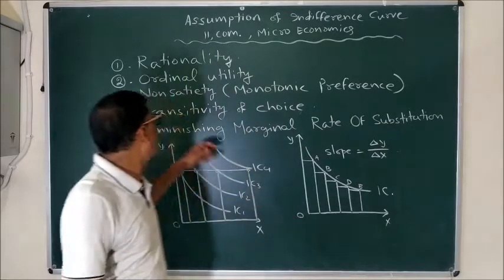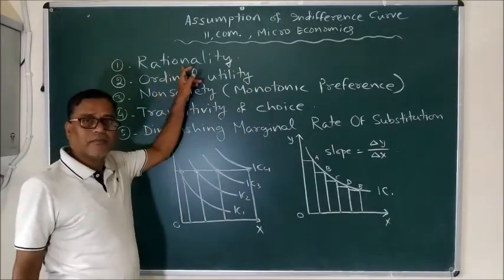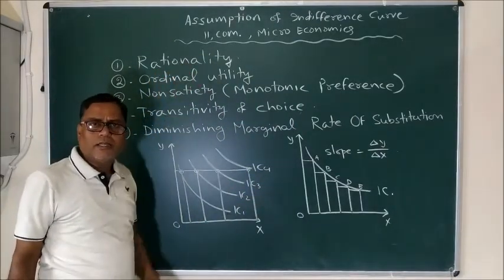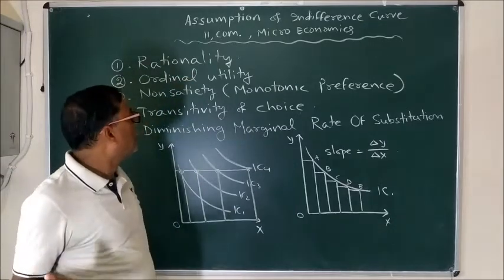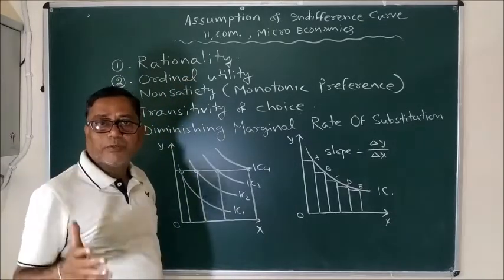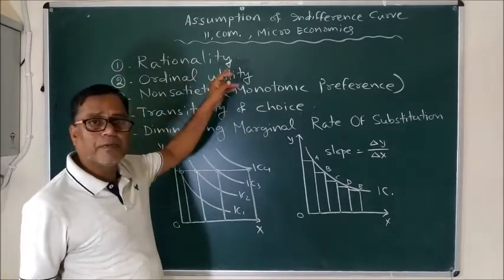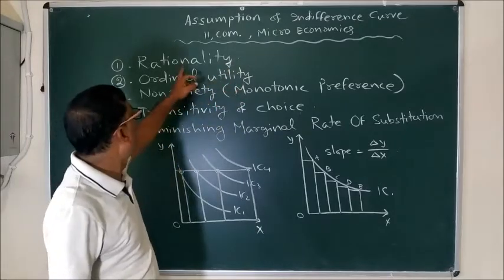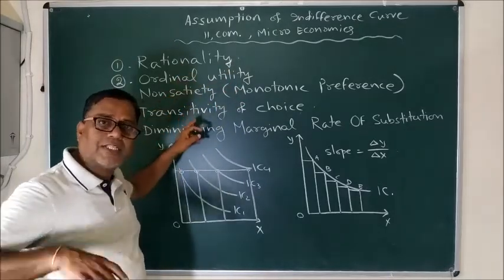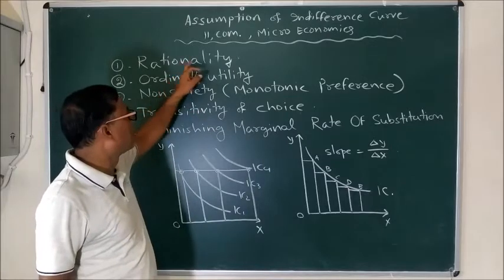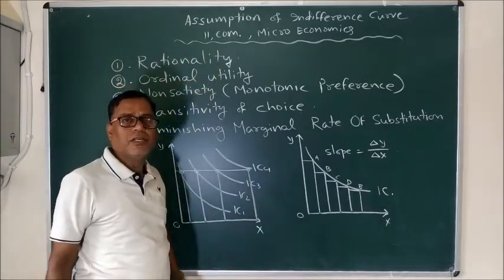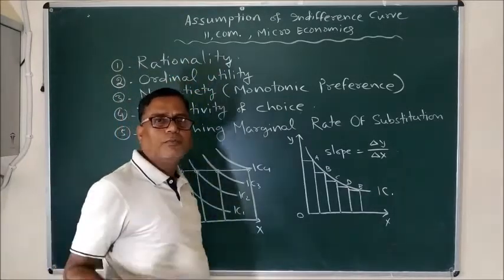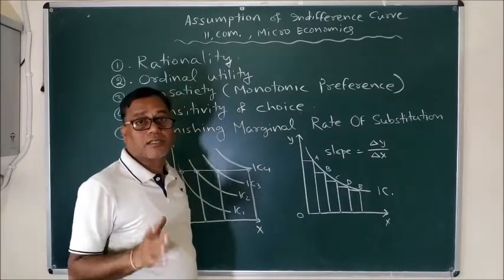Here the first one is rationality. When we try to understand consumer equilibrium with the help of the indifference curve approach, all these things are assumed. The first one, rationality. Rationality means we assume that our consumer is rational.